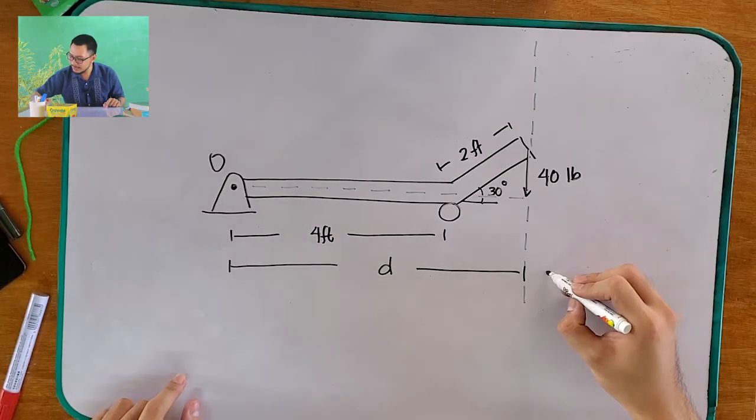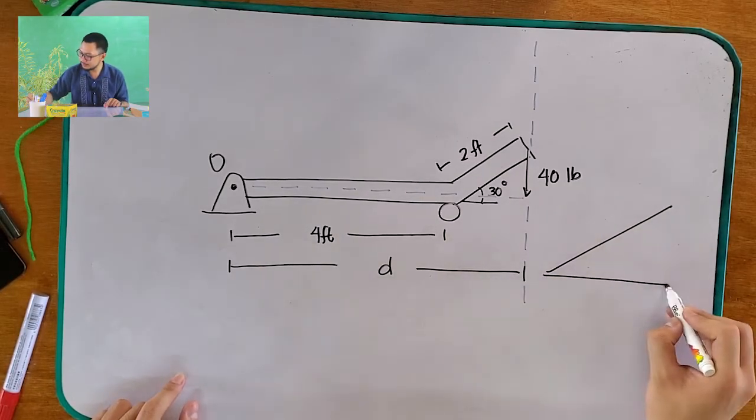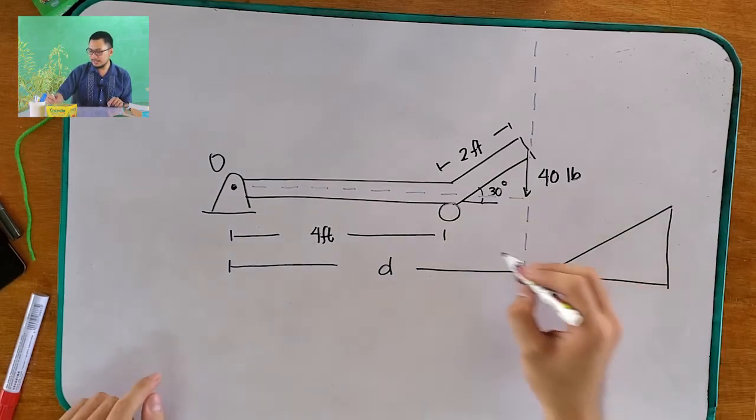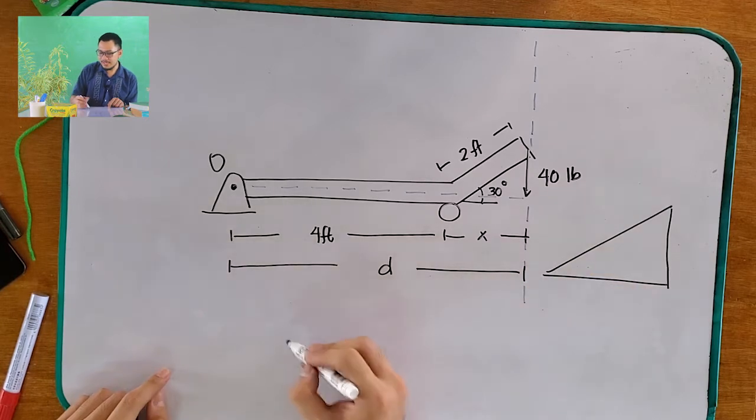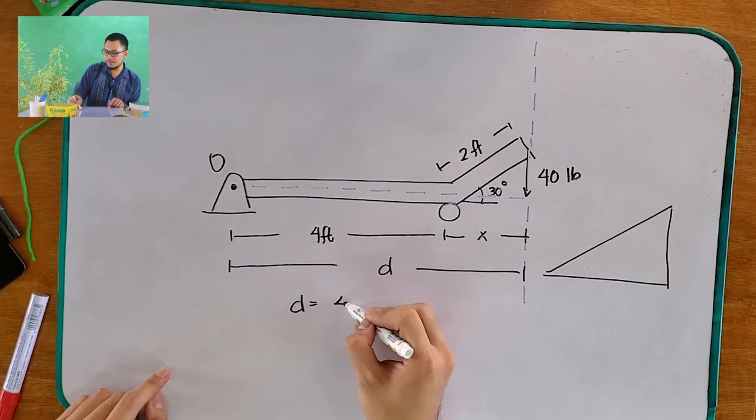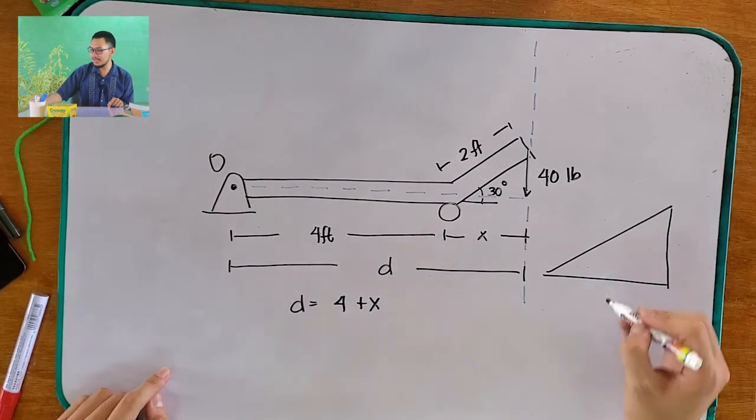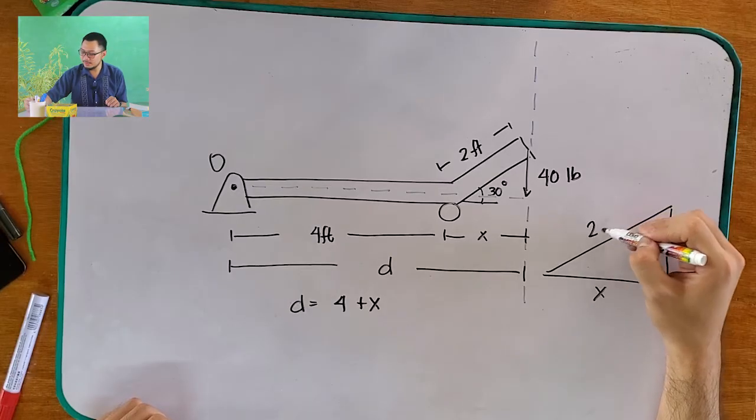All we have to do is apply trigonometric functions. Look at the triangle here. We are looking for x so that d is equal to 4 plus x. There is an x, and we have 2 feet.